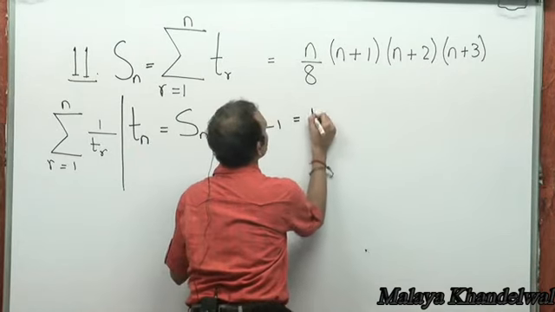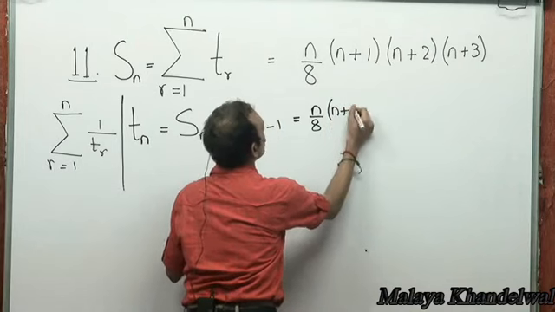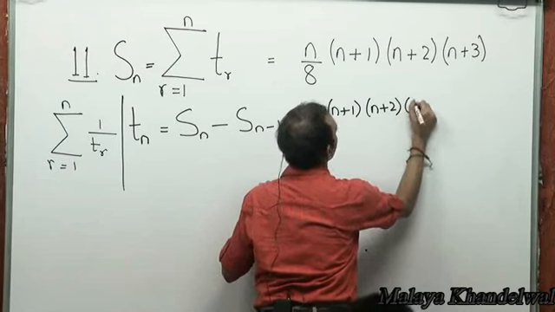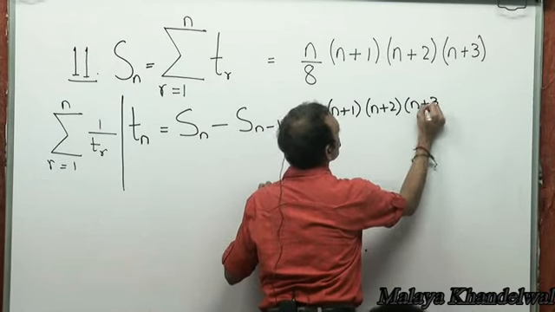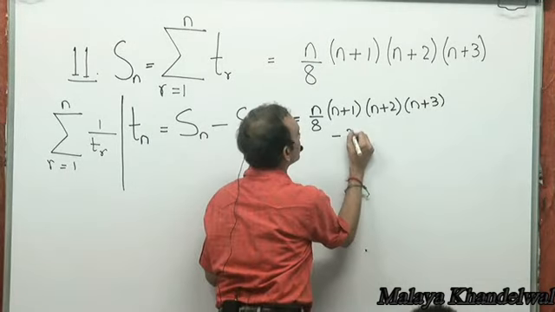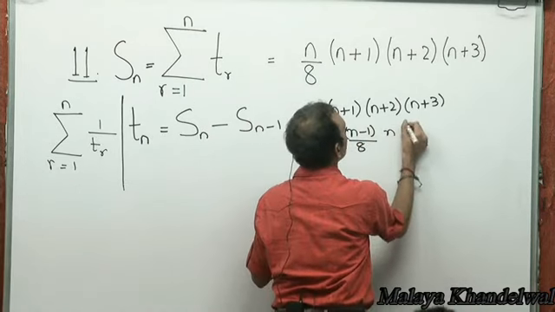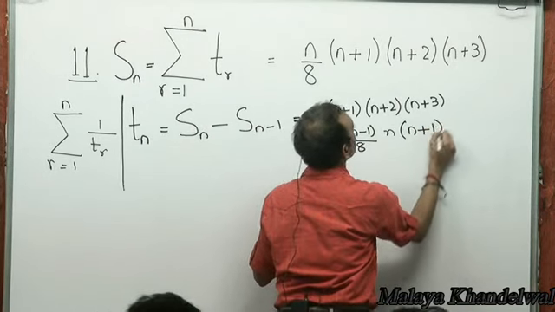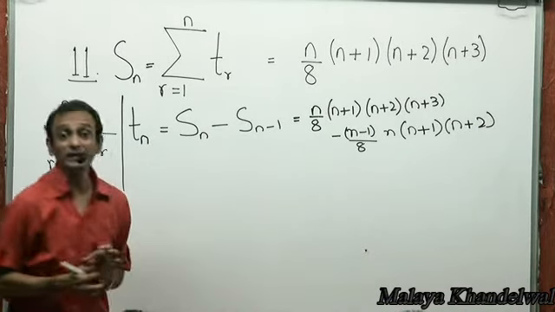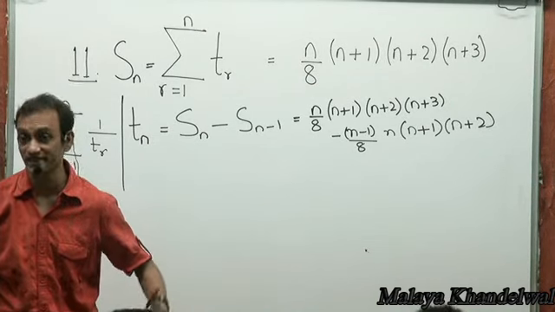Sum up to n terms is going to be n by 8 into n plus 1 into n plus 2 into n plus 3, minus, replace n by n minus 1, so n minus 1 by 8 into n plus 1 into n plus 2. This is what we get, right? This will give me the nth term of the sequence, Tn. So the general member of the sequence will be available to us.